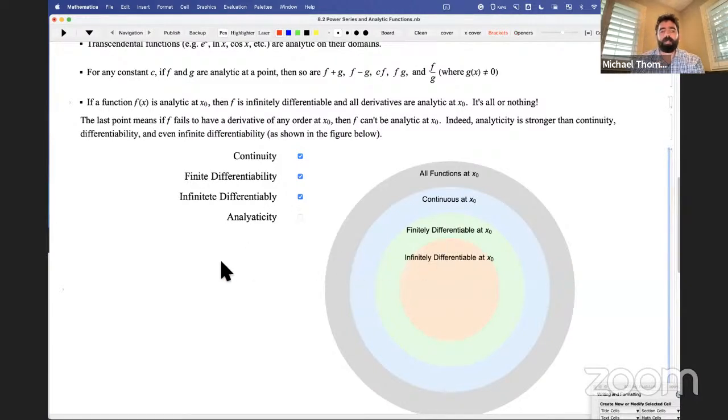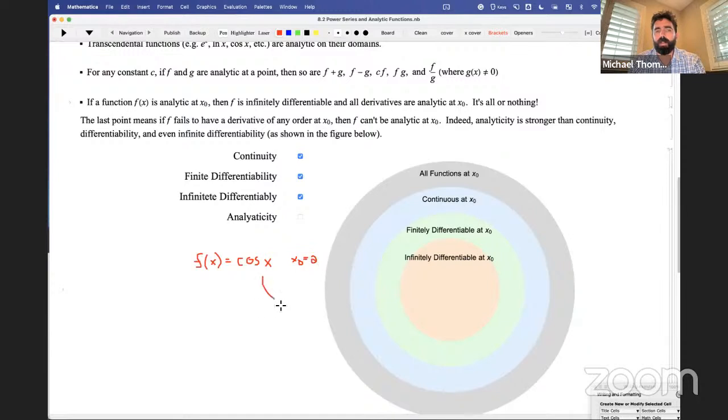Okay, so let me give you an example. Let's do this one, cosine of x. And then the point we're going to use is x naught equals, let's just pick a point, 2.